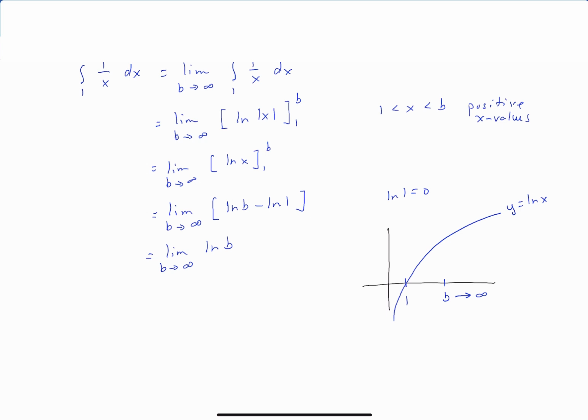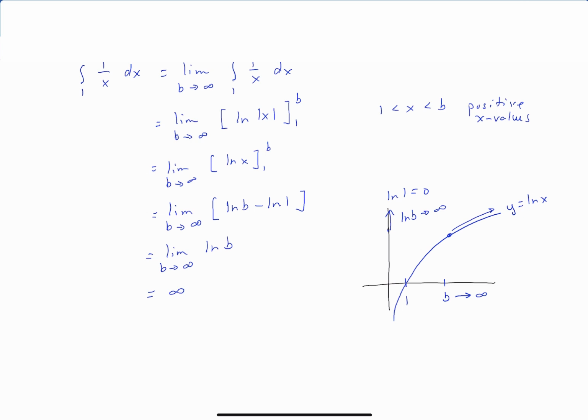So what happens to the y values as we move along the log curve going to the right? Those y values go up to infinity. So back to evaluating our improper integral, the answer here is infinity.